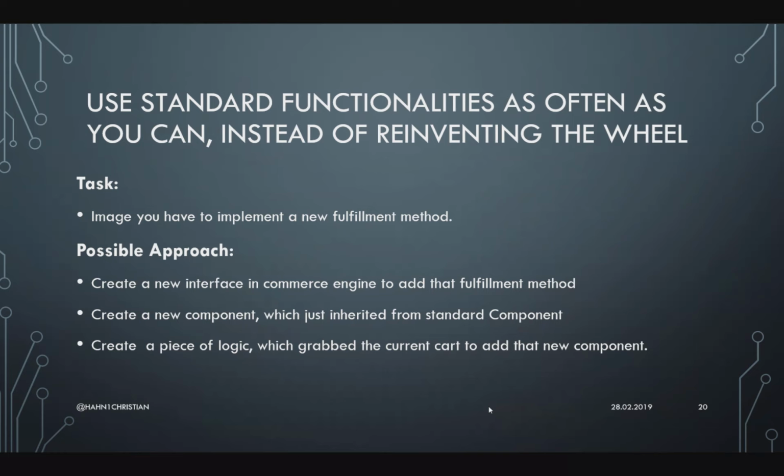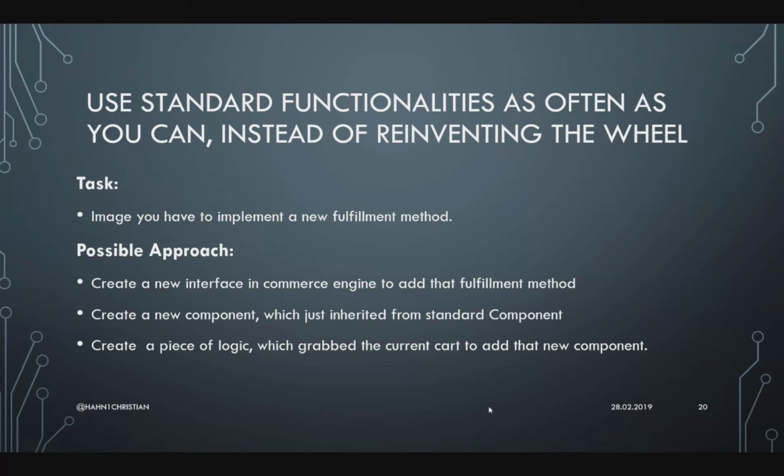So maybe you know or not, Sitecore has already powerful functionalities for fulfillment. In Commerce Connect, we have some items to handle payment and fulfillment. In Commerce Engine, we also have functionalities like set cart physical fulfillment, set cart digital fulfillment. And in the end, we also have policies which can be applied to that, which hold information. So that would be possible.